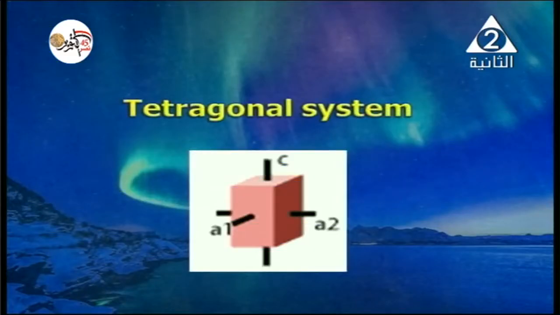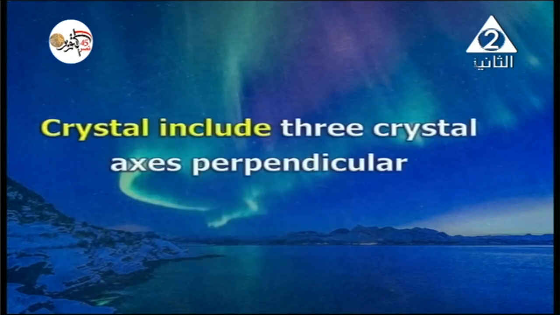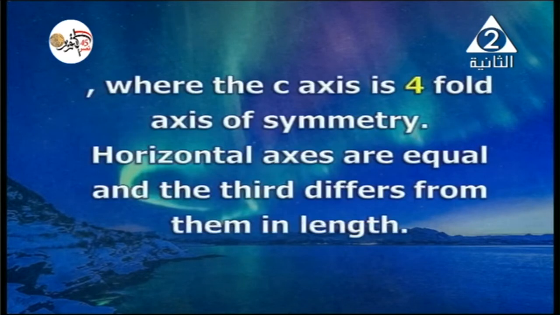Tetragonal system. We have more symmetry here in the tetragonal system. The horizontal axes are equal, A1 equal to A2, and the vertical axis is different, larger than both of these axes. The crystal includes three crystal axes. They are perpendicular to each other, where the C axis is a fourfold axis of symmetry.